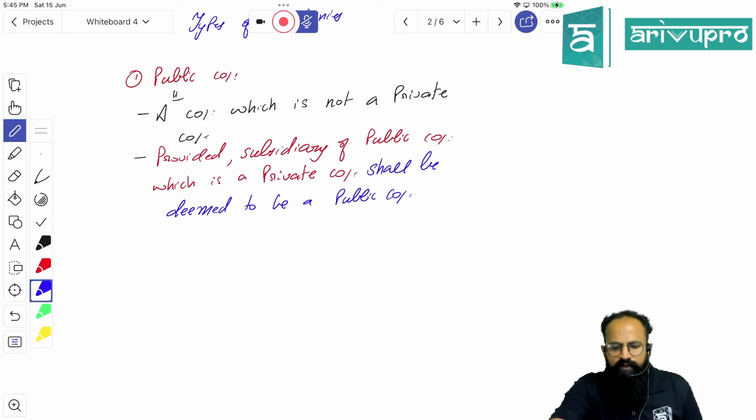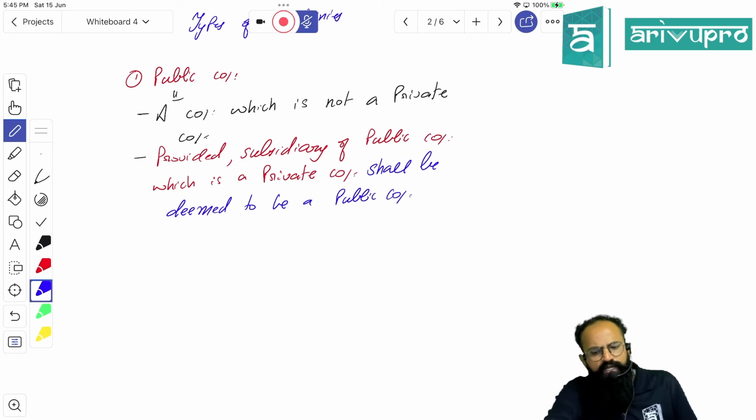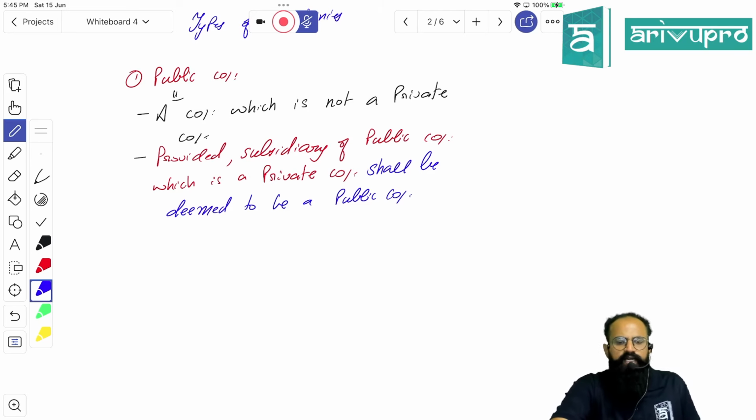The second point I'll explain once we see the subsidiary company definition, but we will see that a little while later.